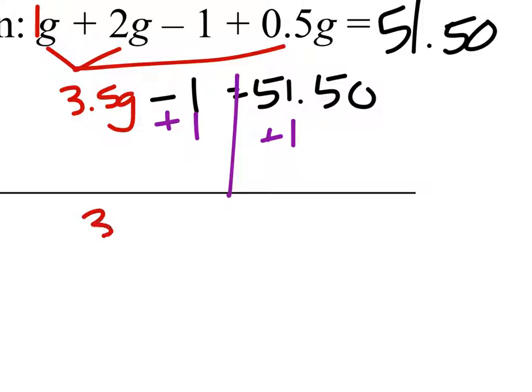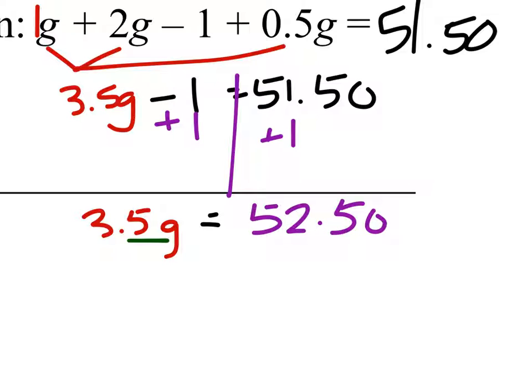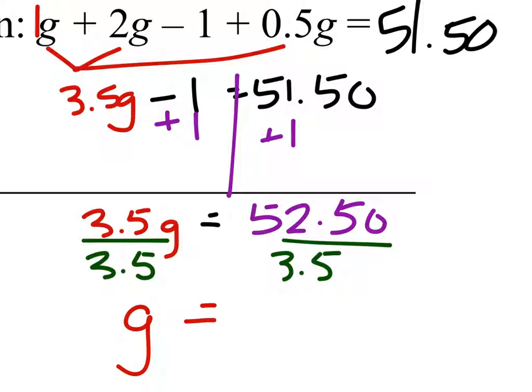Now we got 3.5G equals 52.50. And then finally, we would divide both sides by 3.5. And we get Gordy's allowance, which I'm going to have to use a calculator for this one. So Gordy's going to make a good old-fashioned $15.